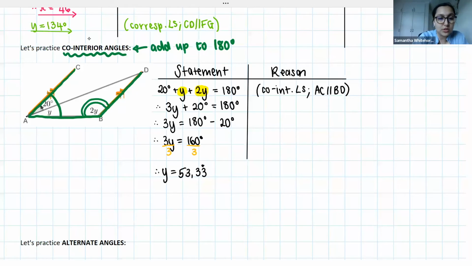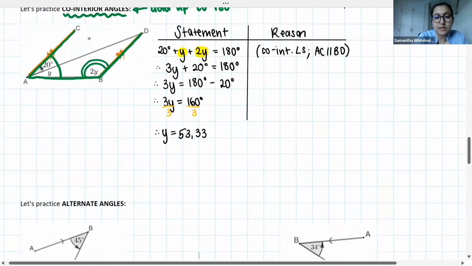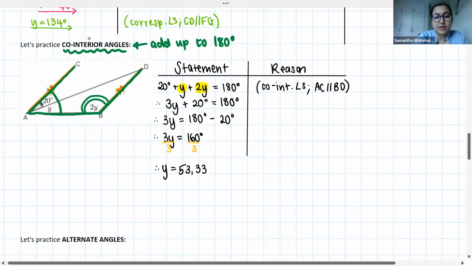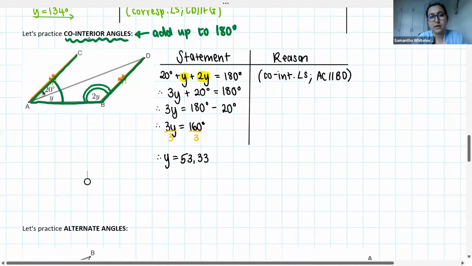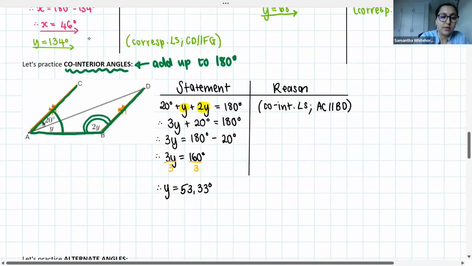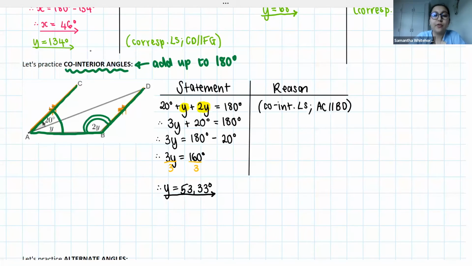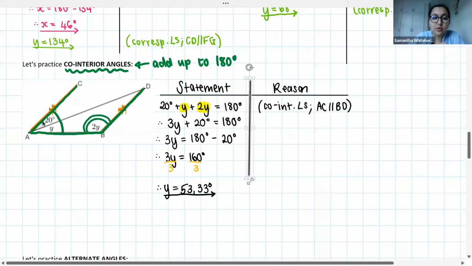If you put the little dot on top of the 3 to show that it recurs, that it just keeps going, that's fine. I'm just going to round off to 2 decimal places. So I get 53.33 degrees. The goal was to solve for the lowercase letter, to solve for Y, and that's what I've done.